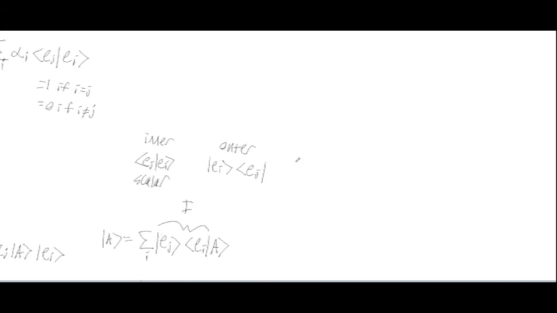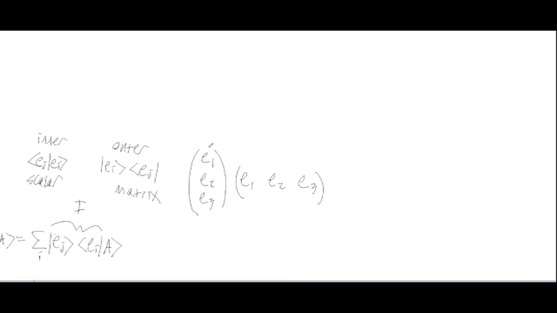But if we take the outer product, then what we actually get is a matrix. We can take our ket, which is our column vector, maybe e1, e2, e3. Then we multiply it by our row vector here, which is e1, e2, e3. Remember that this should also be complex conjugated, but since we're only using real numbers, we can just do it like this.